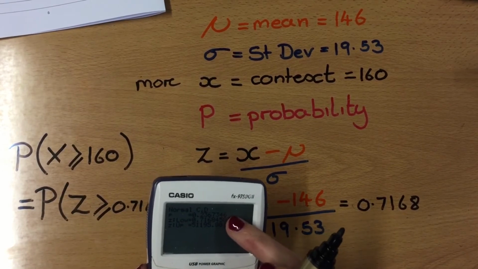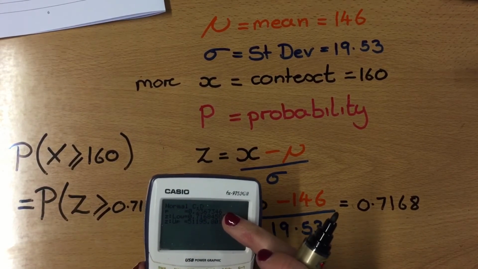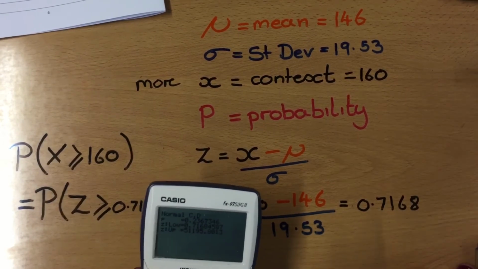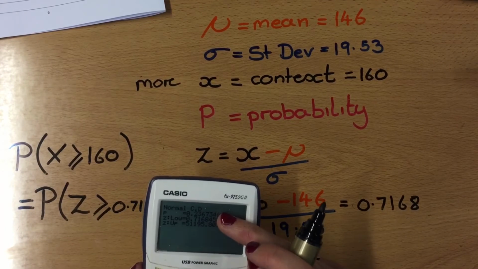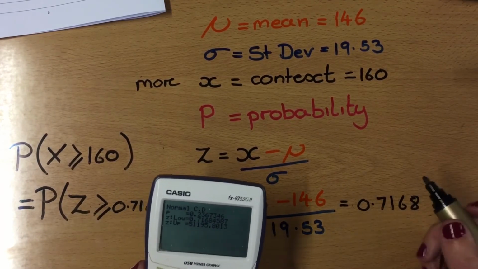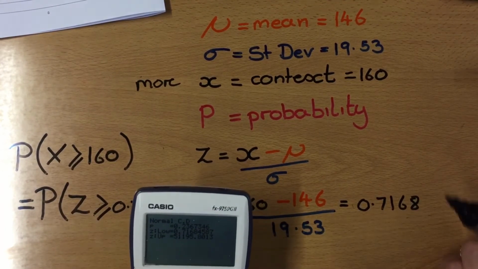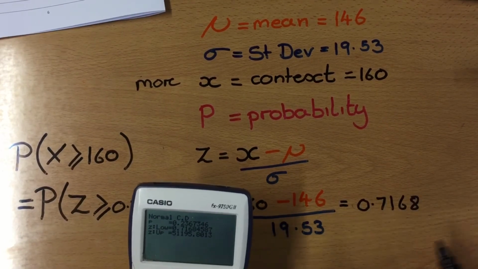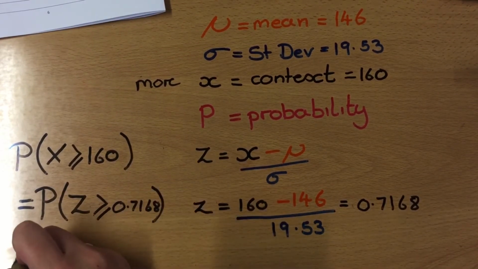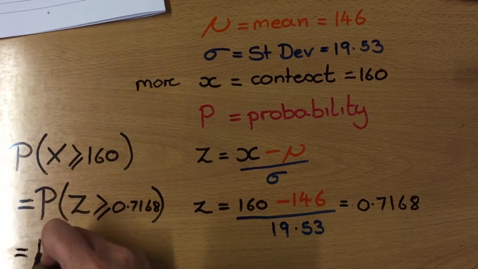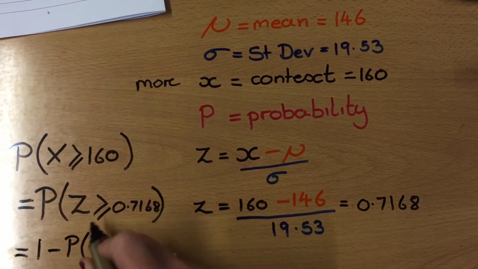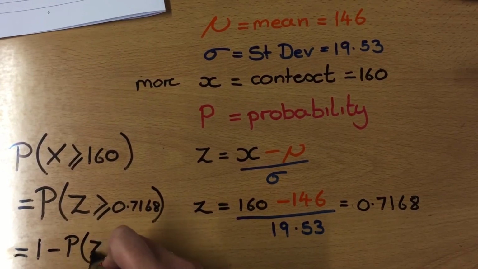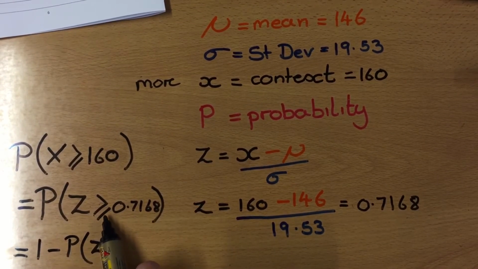This value of P is smaller than 0.5. So, because this is smaller than 0.5, although we now know our probability, we need a line that we write down before we get there. So, when it is less than a half, we need to write down 1 minus the probability of Z. Then we have this sign here.